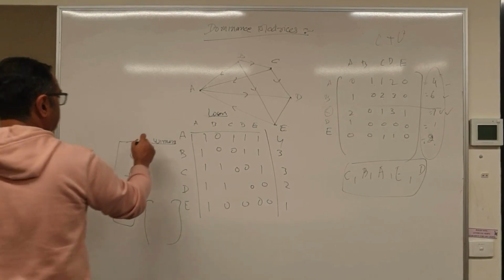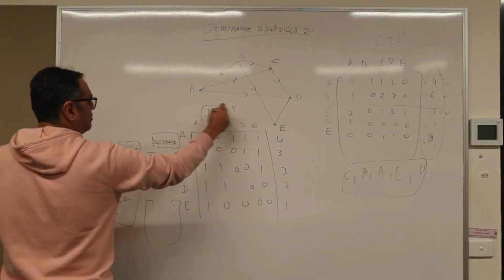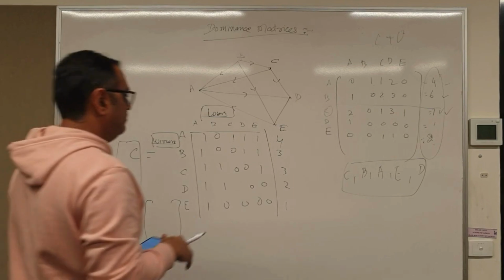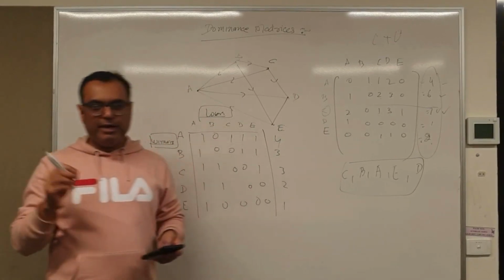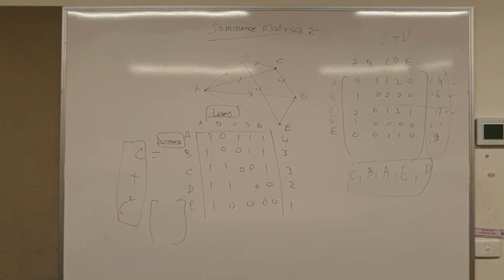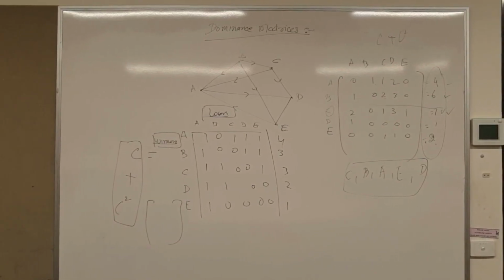Row represents the winners and the column represents the losers. I want to hear the matrix first before you do anything else. Because if that's incorrect... the arrow actually tells you whoever that arrow is pointing to is the winner.